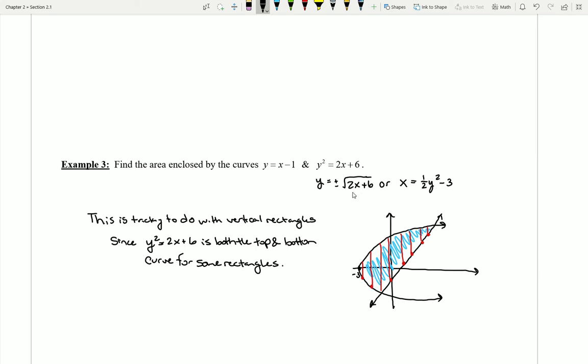Now, I could possibly use this square root form to help with this by treating the top half as that positive square root and this bottom half as a negative square root. And so while this problem is still able to be done with vertical rectangles, it is a little bit trickier. I have to understand splitting apart this sideways parabola into two pieces.